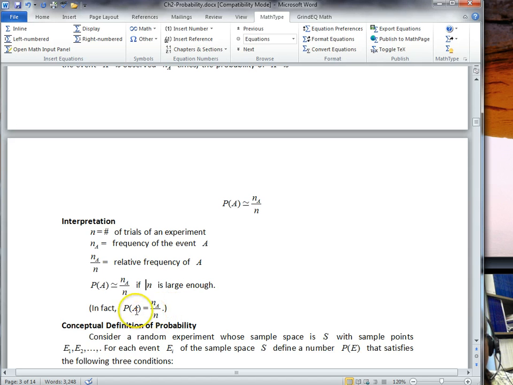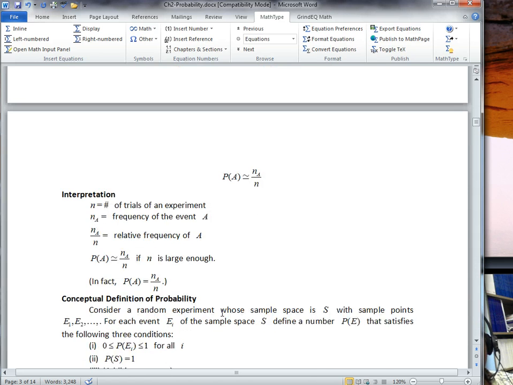So P of A would be the limit as n goes to infinity of NA over N. If n is infinite, it would be exactly equal.